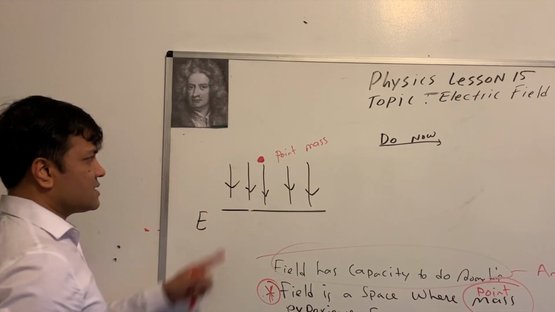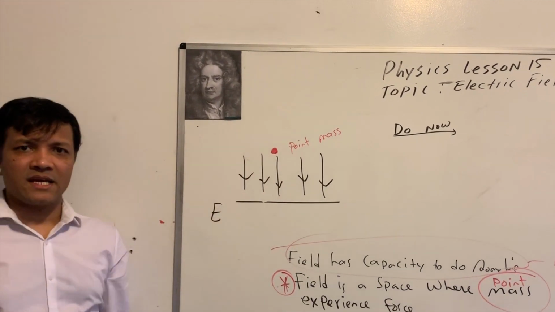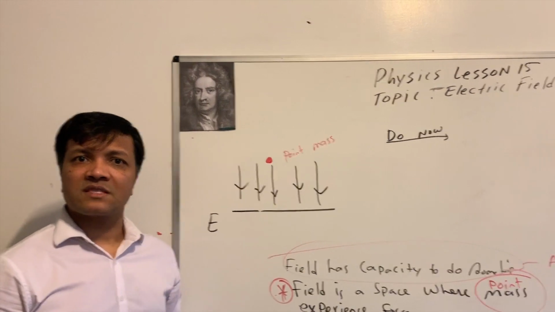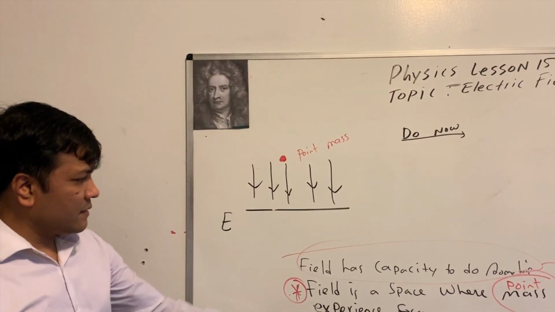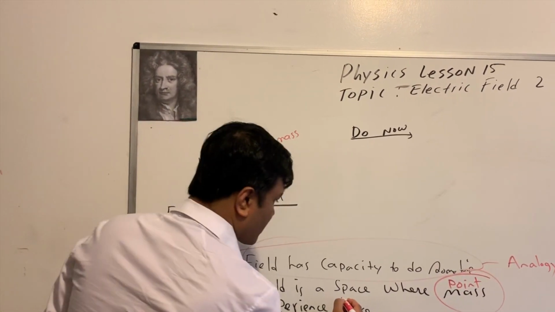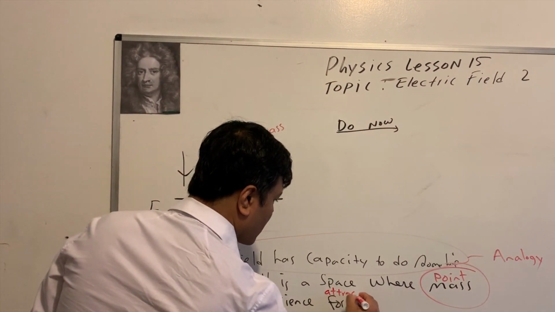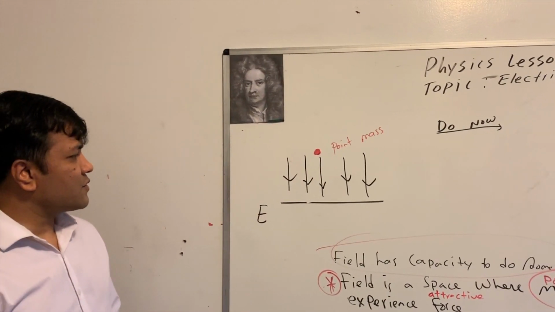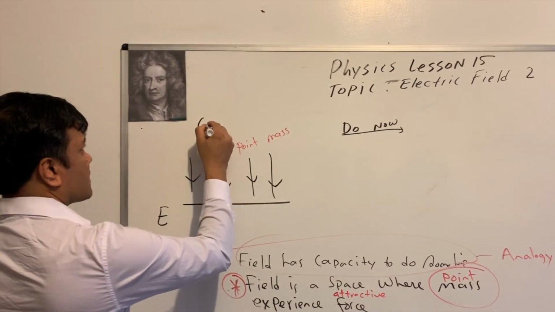If you put the point mass above the Earth, the point mass will experience force. What type of force? Attractive force. So this is the gravitational force.